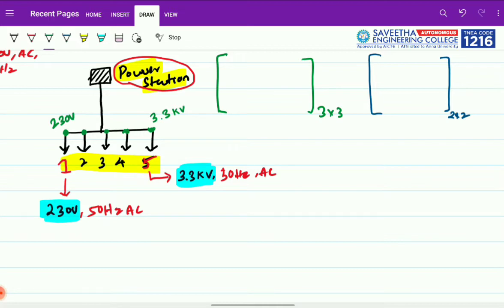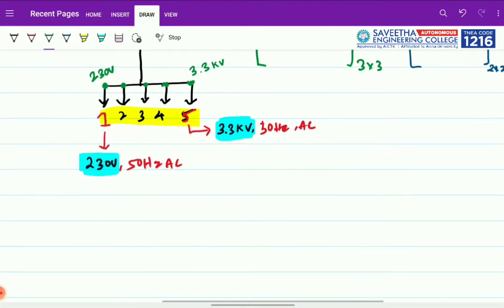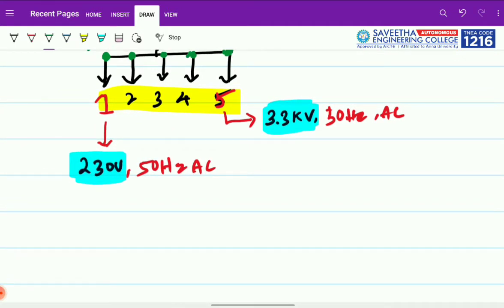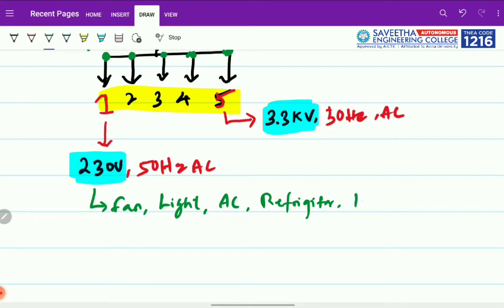Only then can the components used for the home work. In a home, there are many appliances like fan, light, air conditioning system or refrigerator, or any kitchen appliances.